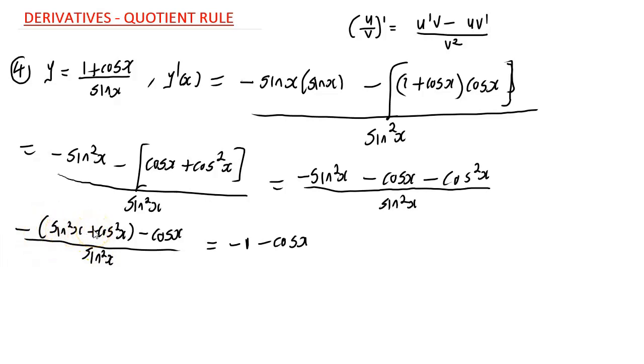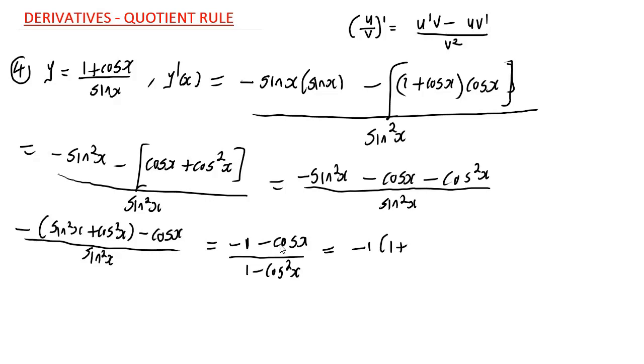So this is going to be negative 1, then minus cosine s. We know this using the trigonometry identity: sine square s plus cosine square s is equal to 1. So this is divided by sine square s, which can also be written as 1 minus cosine square s, using the trigonometry identity as well.